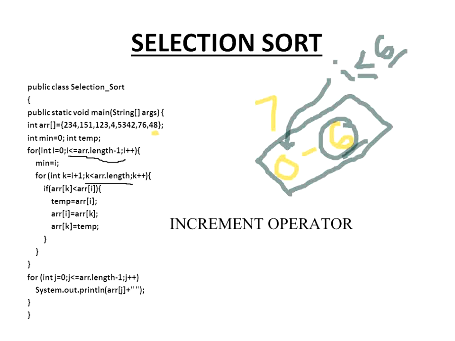But here the value is less than or equal to arr.length minus 1. No, not from 1 to 6. See, what is the value of arr.length?